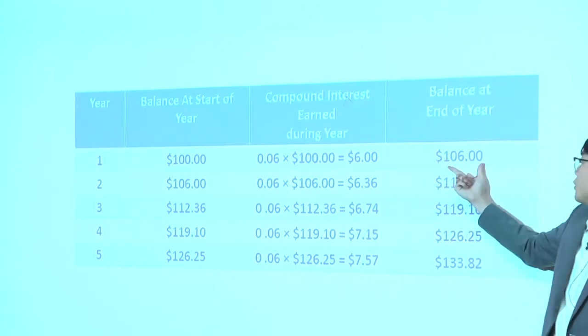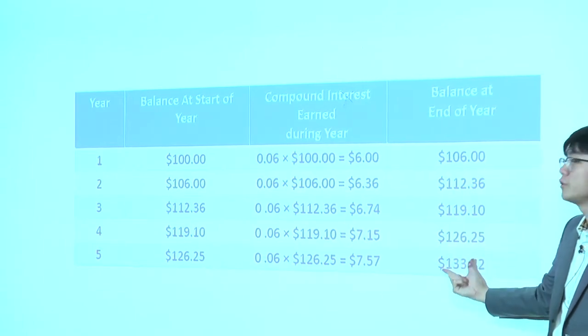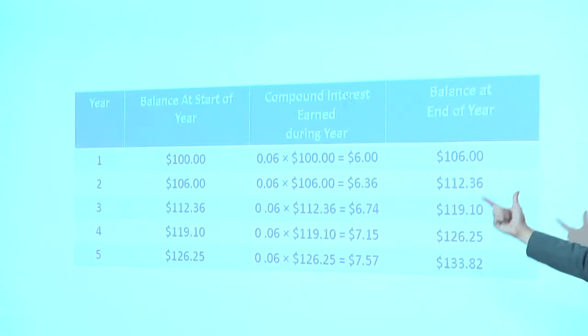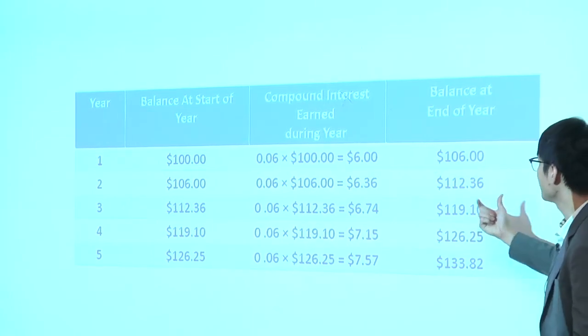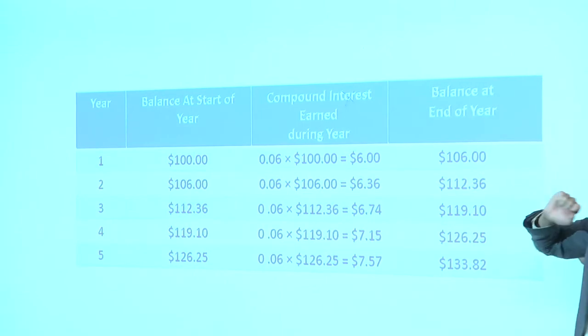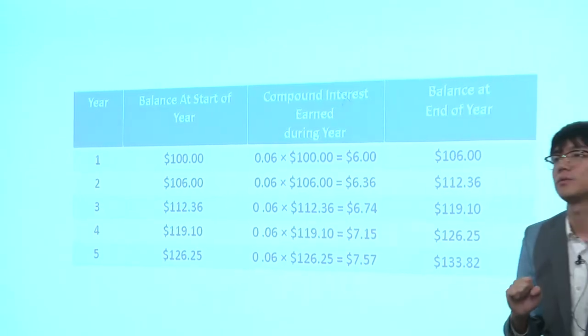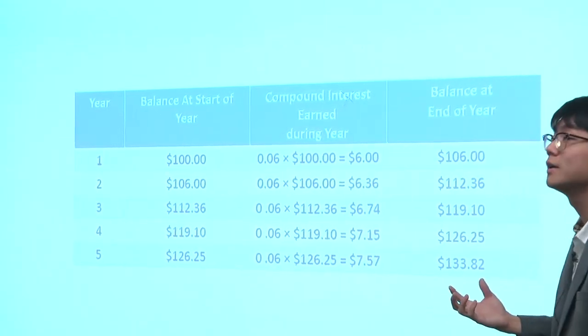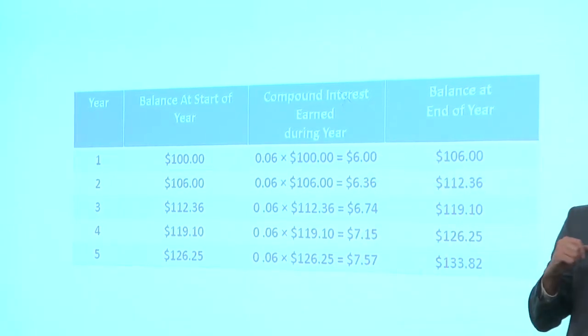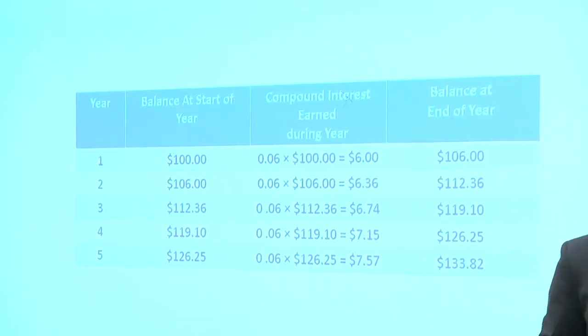So your interest starts to accumulate. You start to earn interest on the interest, right? Because if it's simple interest, you have 112 here, but now you have 112 and 36 cents. Where does the 36 cents come from? It comes from 6% on that $6 of interest. This is compounding interest.